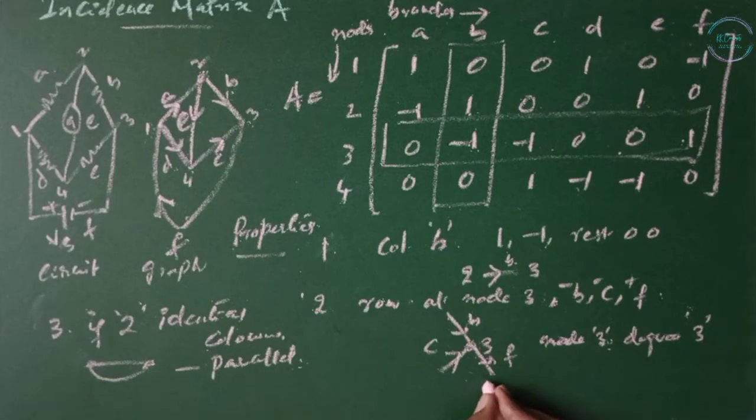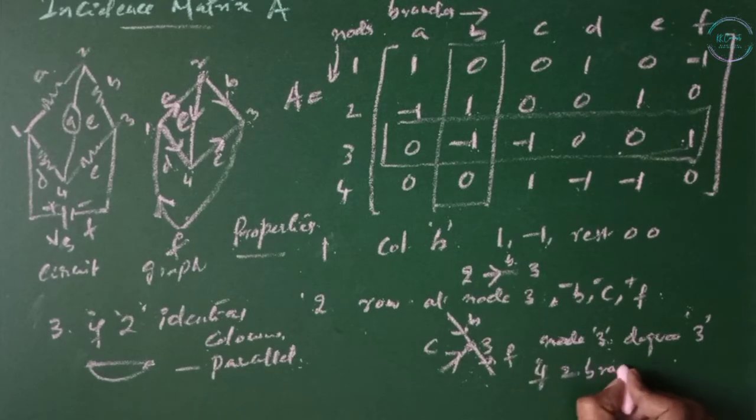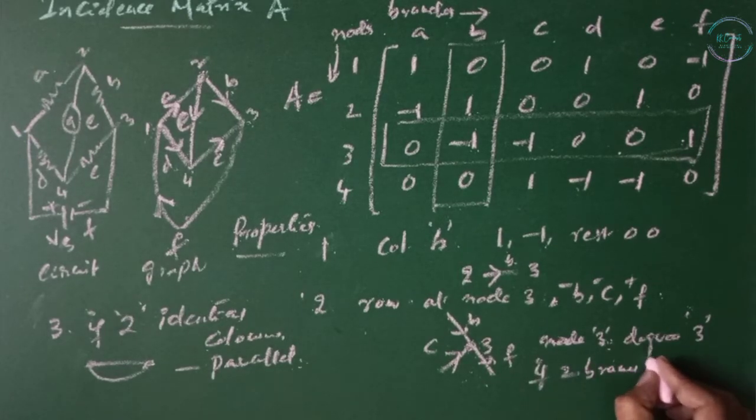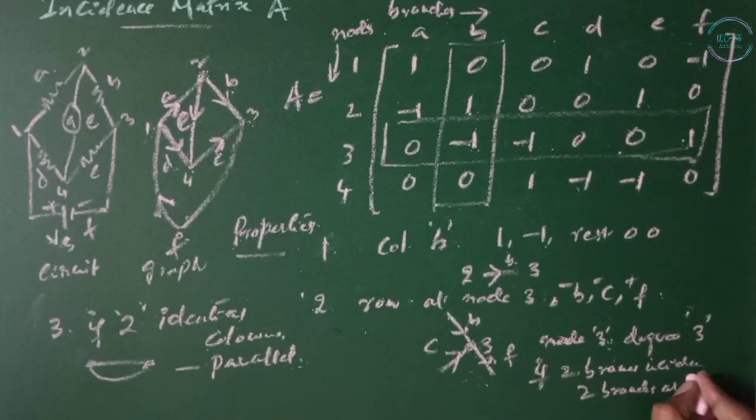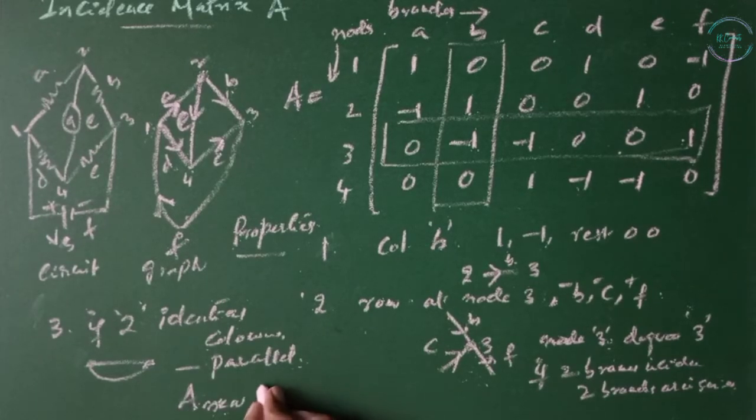And in the second point, we can say the degree of the node, and also if 2 branches are incident, then the 2 branches are in series.